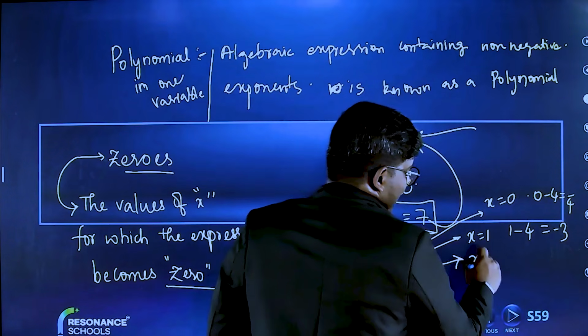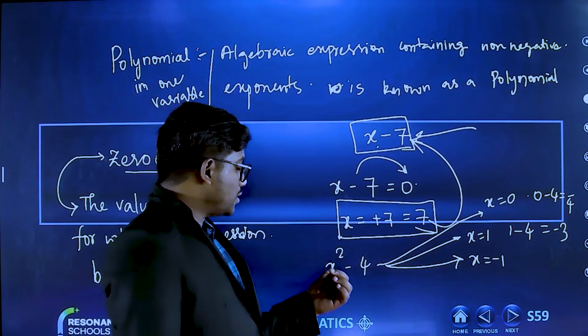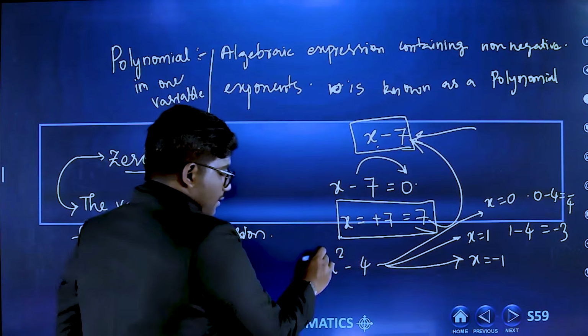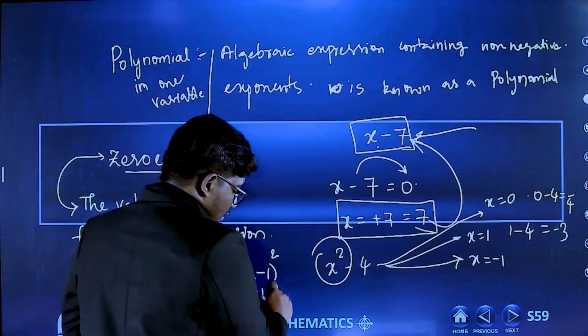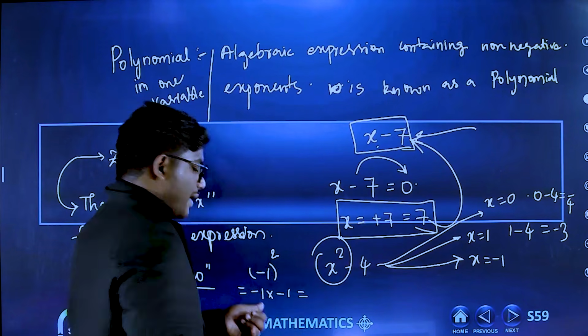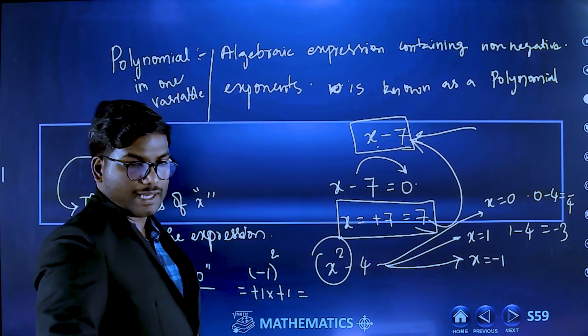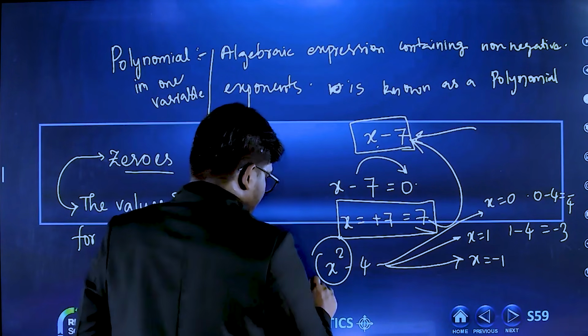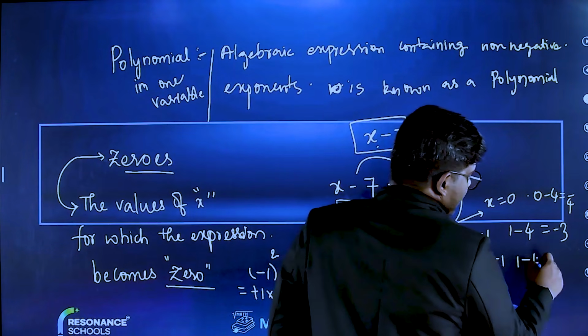Similarly, for x equal to minus 1, minus 1 whole square is minus 1 into minus 1. Two minuses become a plus, so it is 1 again. 1 minus 4 is again minus 3.